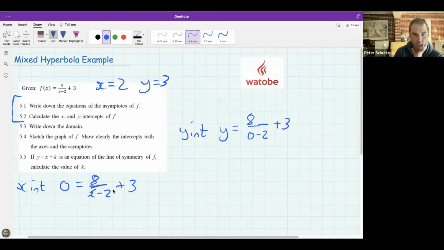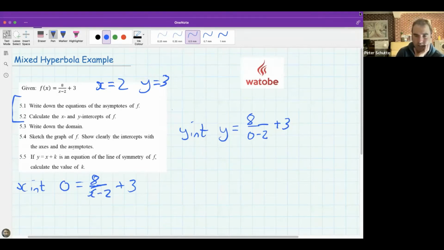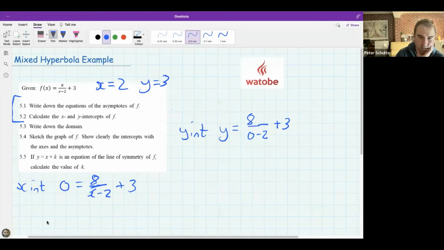So the goal is to just get the x and y intercepts before we have our brain break. Let's see how it goes with that.